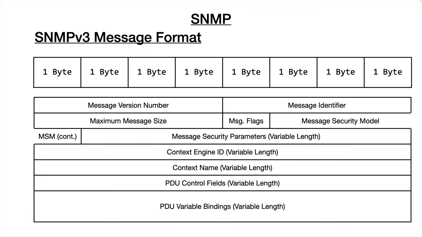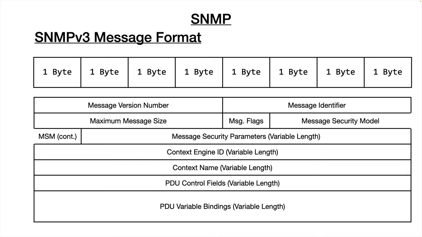As far as the message format, this is the message format we have. The first 5 things are fixed length, and after that we have 5 variable length things. So that's what the different fields are, and pictorially showing their size.